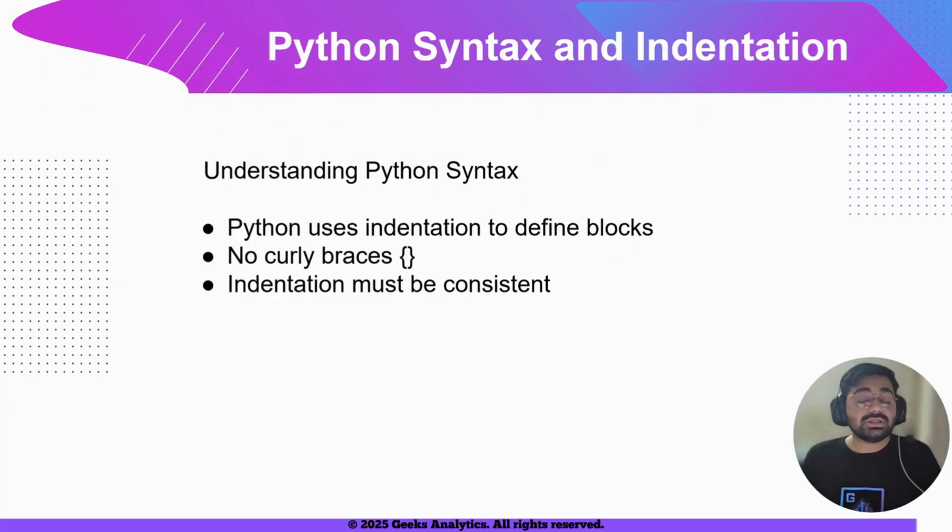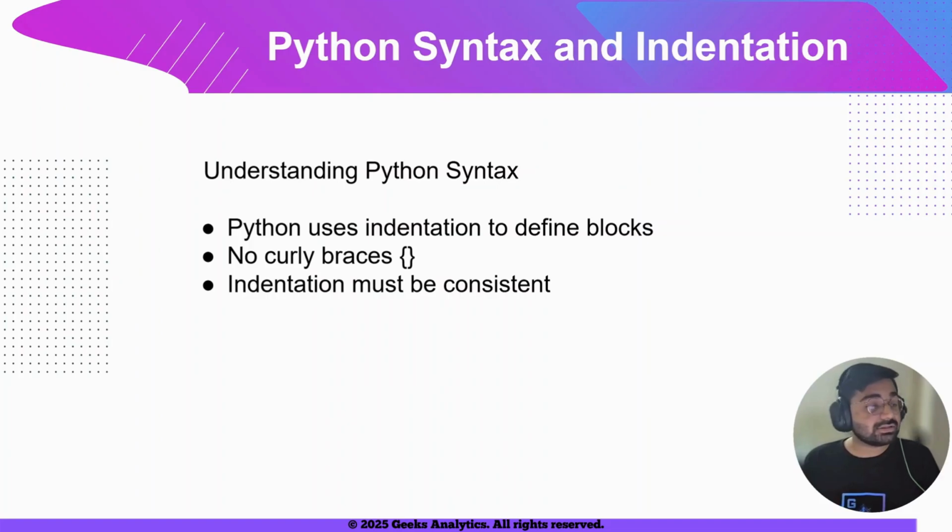Python is unique because it uses indentation to define code blocks instead of curly braces. This makes the code cleaner and more readable. So before moving directly into the code, we'll also understand this because it is important for the syntax part.